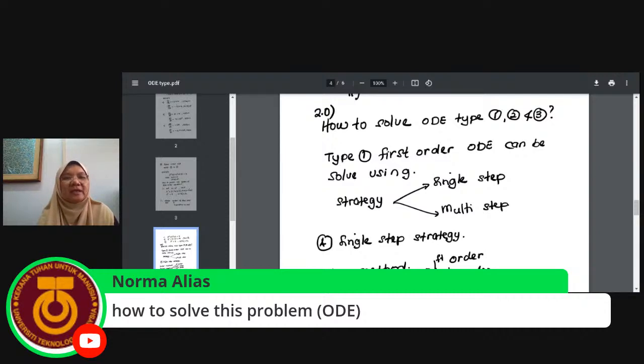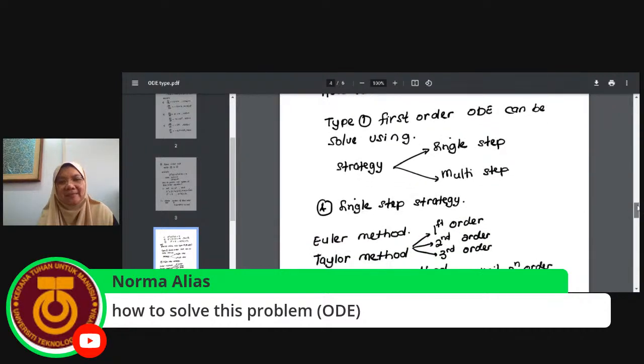Today we are going to learn using two types. The first is single step. The second is multi-step.